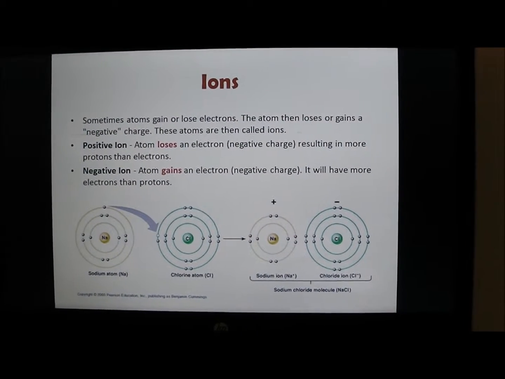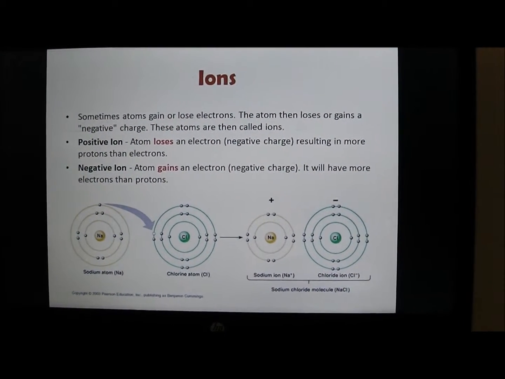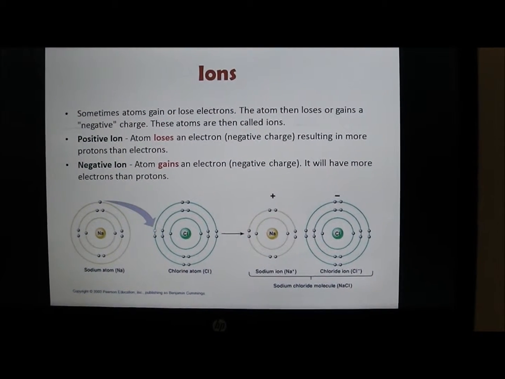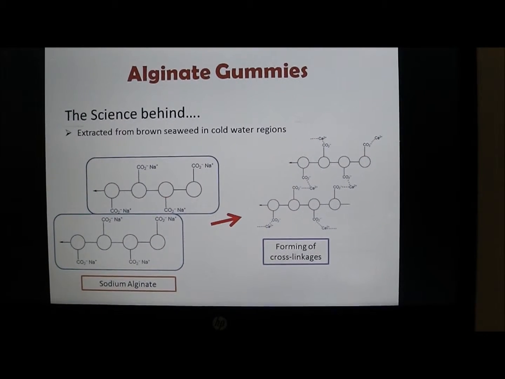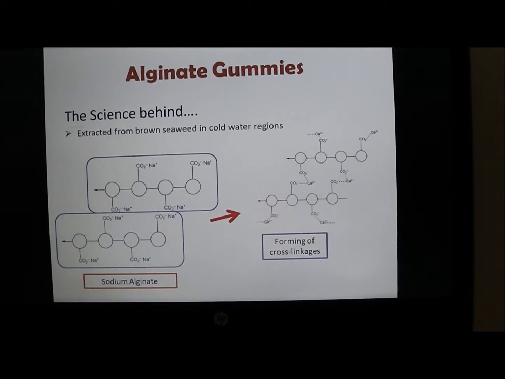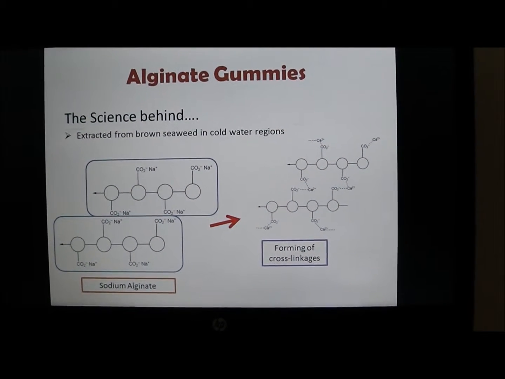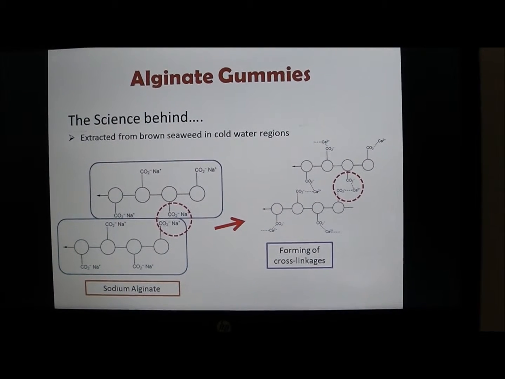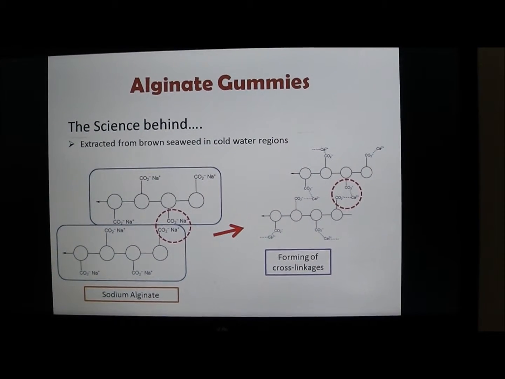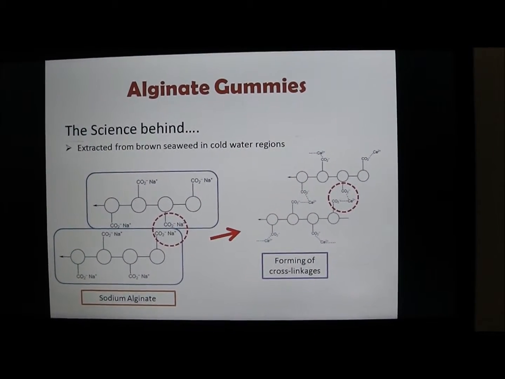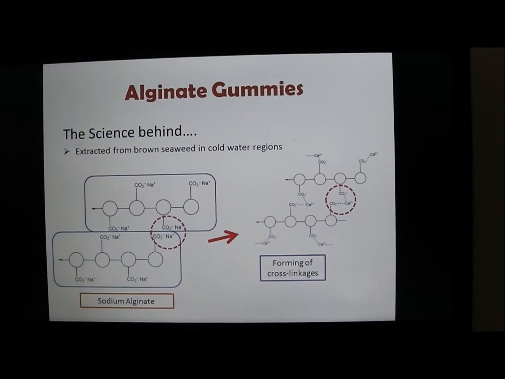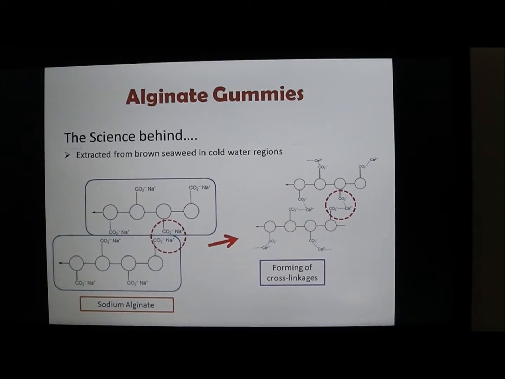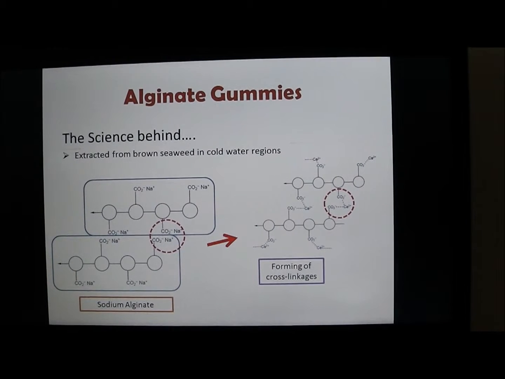Sometimes the atom loses or gains electrons, so it becomes positive or negative ions. And to touch briefly on the science behind these alginate gummies, the sodium alginate is on the left hand side, and you can see that it's actually sodium ions that are separating the different molecules.